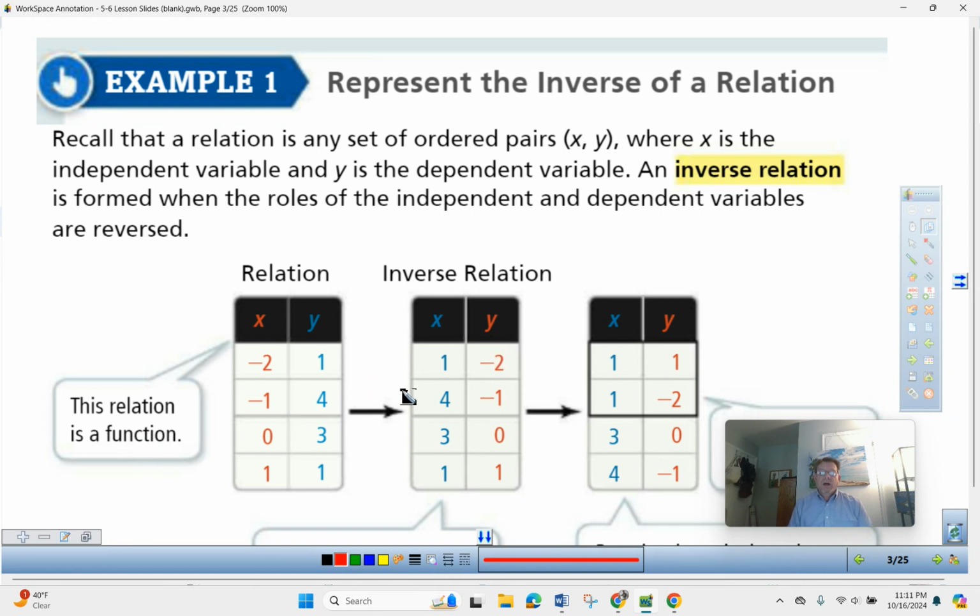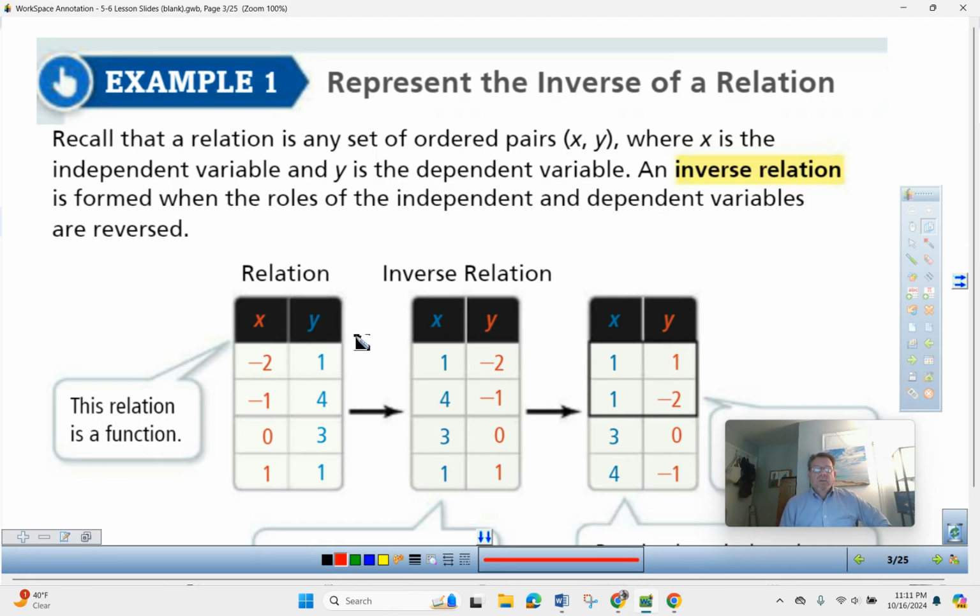We're going to switch it up. So all the y's are going to turn to x's, and all the x's are going to turn to y's. Switch x and y. That's the fundamental concept for inverses. We can do that in all kinds of fancy ways, but ultimately, if you switch up an equation or switch up a graph, the x's and y's are going to be switching places.